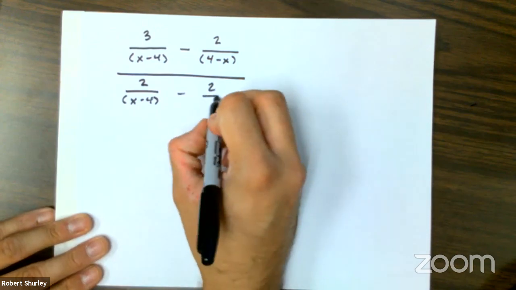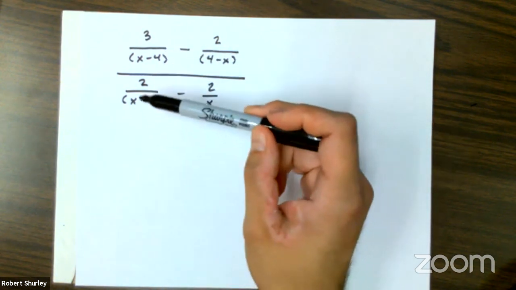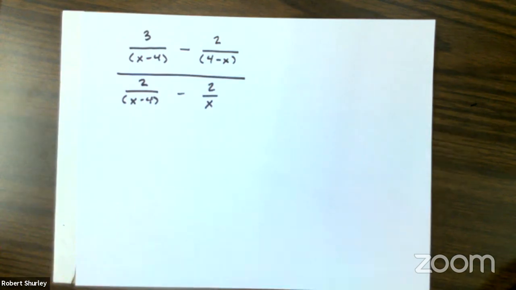I'm going to make sure I got that written down right. 3 over x minus 4 minus 2 over 4 minus x over 2 divided by x minus 4 minus 2 over x. Yeah.